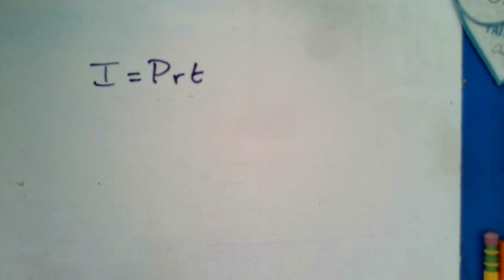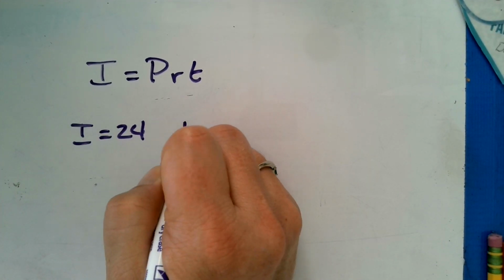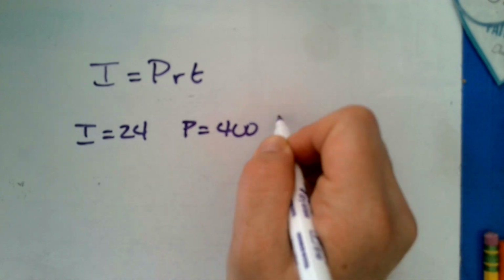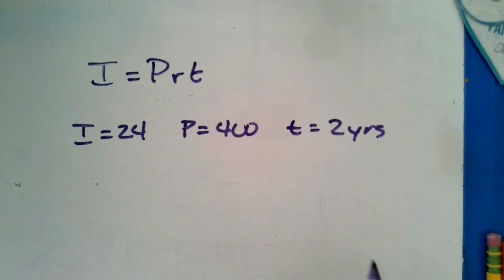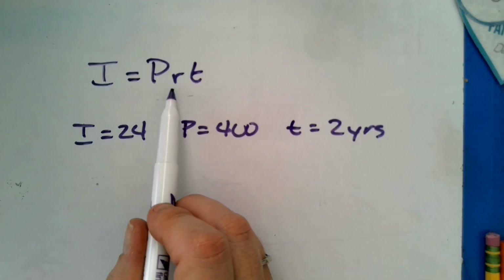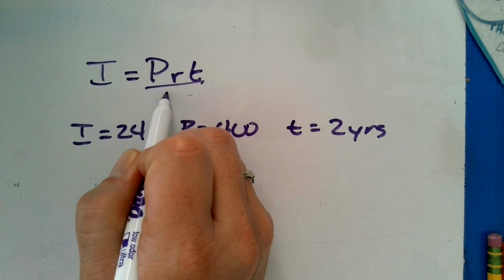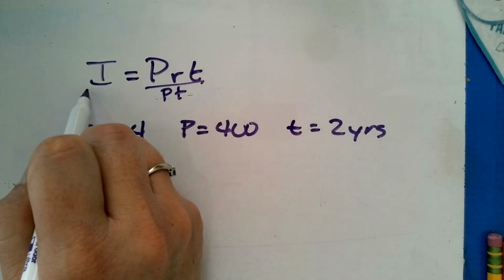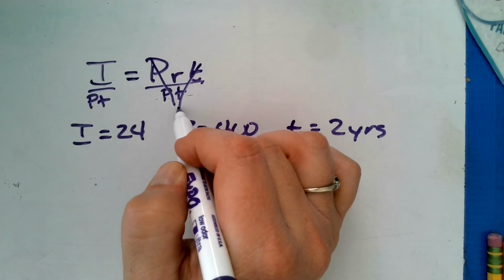The next section in your homework is going to say I equals 24, P equals 400, and T equals 2 years. Okay, so we know everything except for the rate. We're going to find out the rate. So we can go ahead and rewrite our equation by dividing by PT, divide by PT, and P over P is just 1, T over T is just 1.